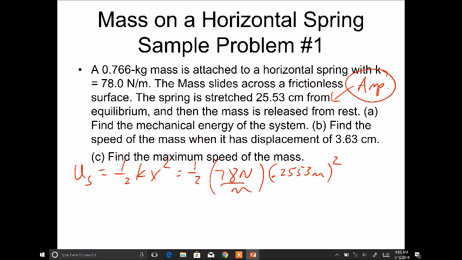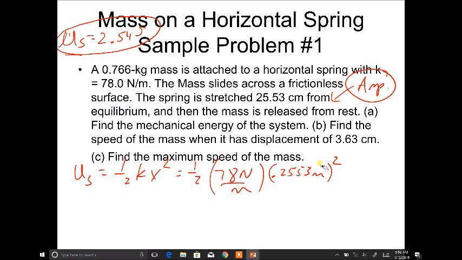Don't forget to square. All right, so once we do the math on that, we end up with an elastic potential energy, and I'm going to write it up at the top here, of 2.54 joules. So that's the total mechanical energy of the system.